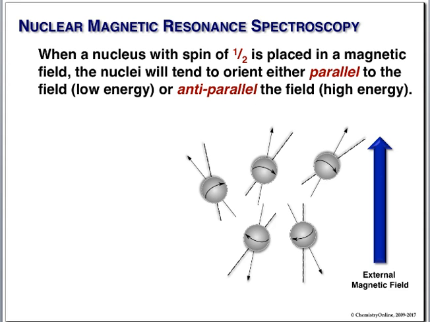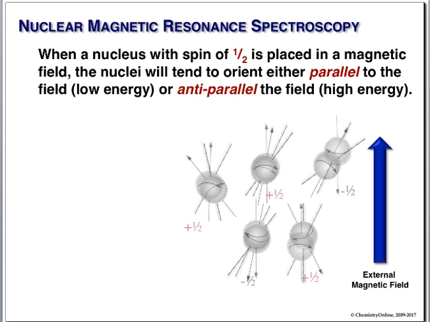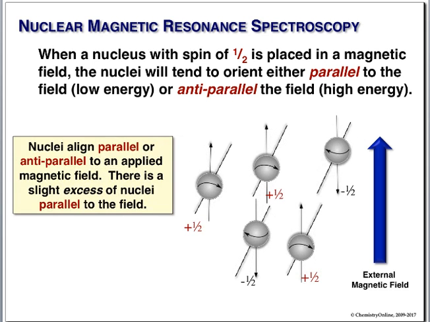Now, with the field is a lower energy state. Against it is slightly higher energy. So we turn on our magnetic field, and these guys reorient. So here we have what we'll call +1/2 and -1/2.